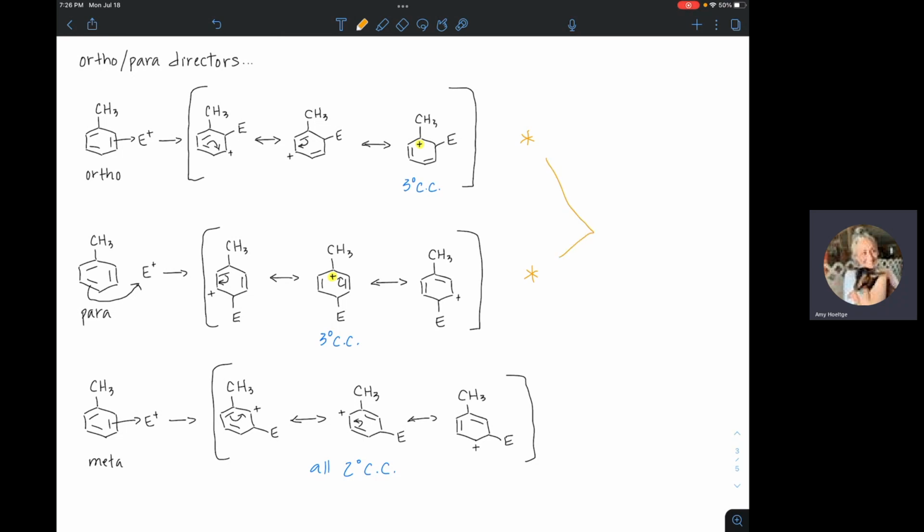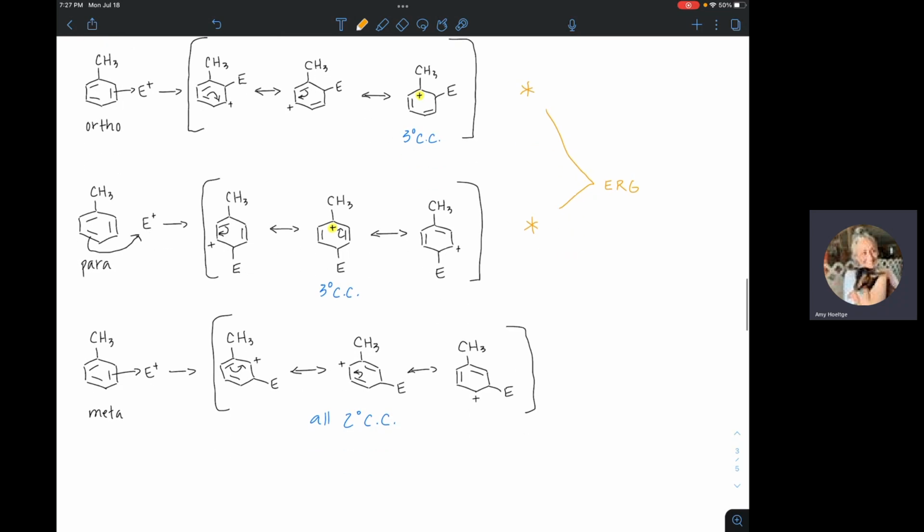So this is for an electron releasing group or a group that activates the ring toward attacking an incoming electrophile, and also halogens. That's an exception. So they are weakly deactivating, but they are ortho-para directors. Electron releasing groups are activating, and they are ortho-para directors.